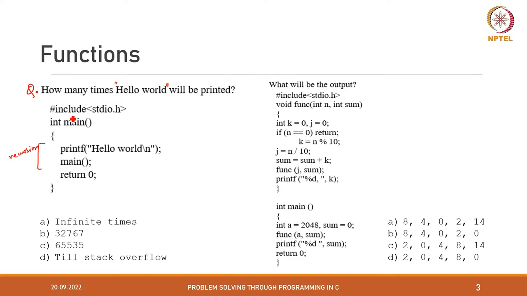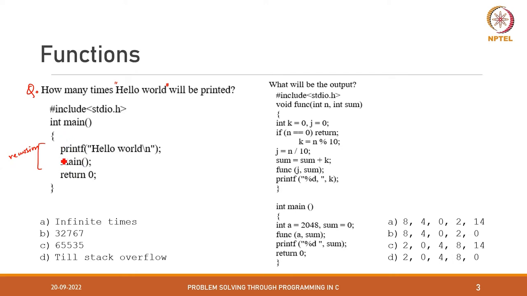But here we don't have any termination condition, because we have not given that if a particular condition is satisfied, the main function should not be called anymore. We just keep calling main within main, so it will recursively continue forever.